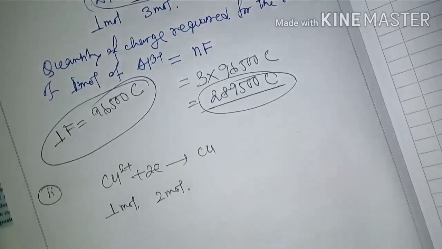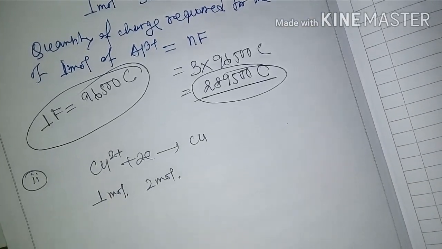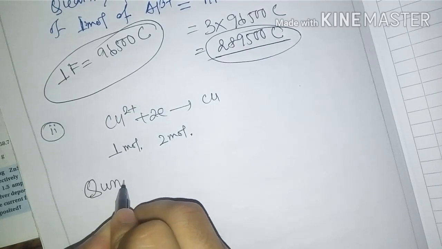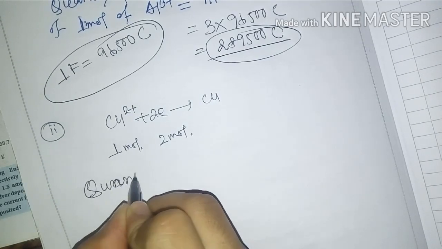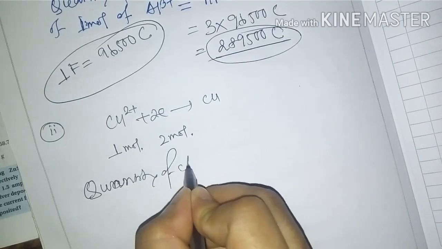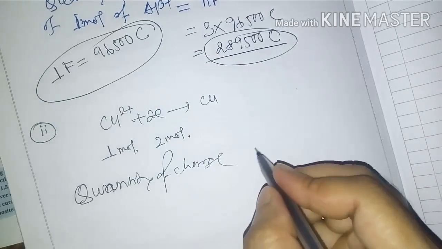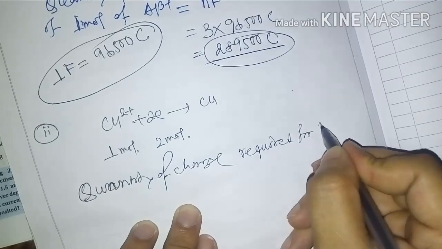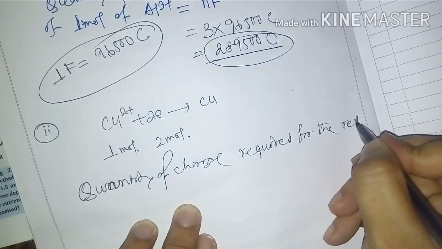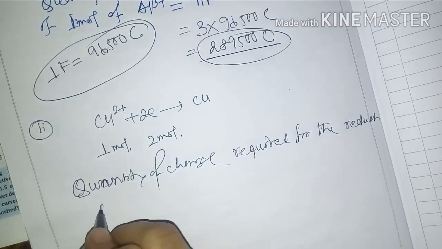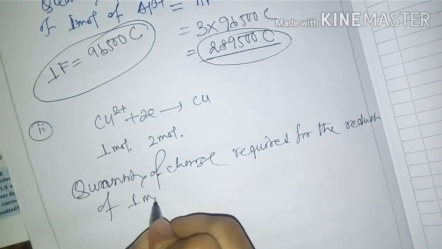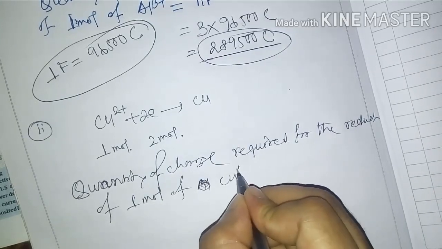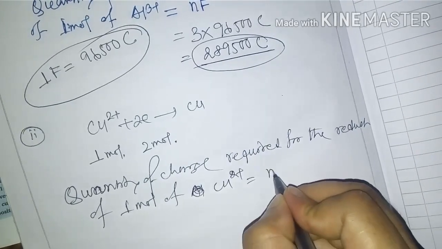Now the charge required, that means the quantity of charge required for the reduction of 1 mole of Cu2+ is equal to nF.